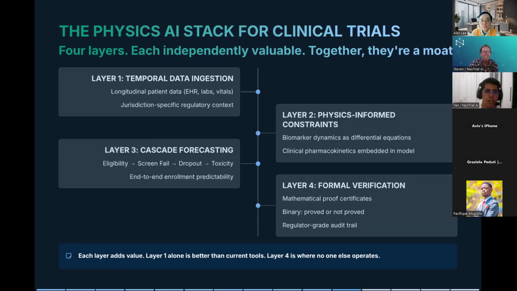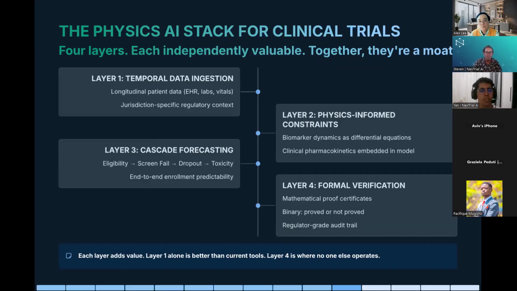Yeah, sure. So when we talk about the physics AI stack, the main core here is still the data. So we have the temporal data ingestion, and this is really important because we are analyzing the whole behavior, the whole temporal trajectory of the patients, of the people inside the clinical research.